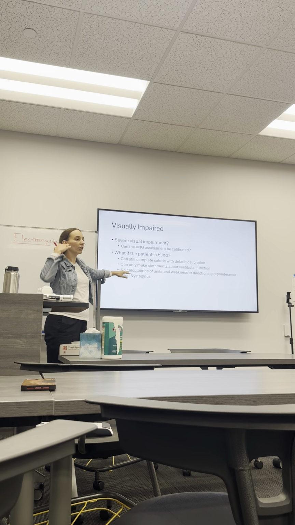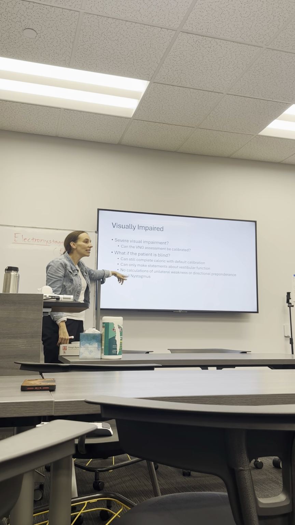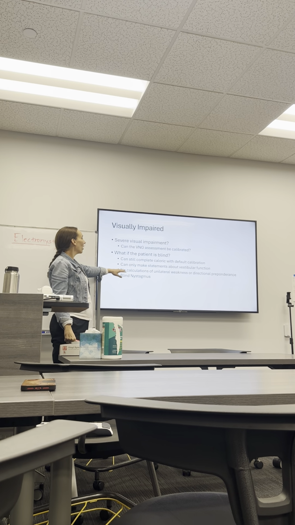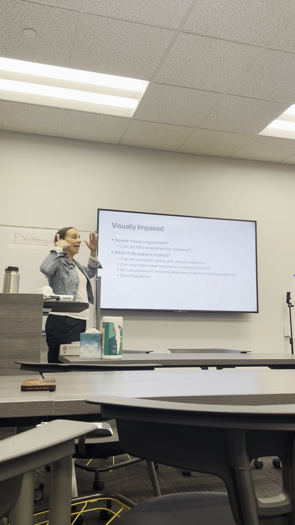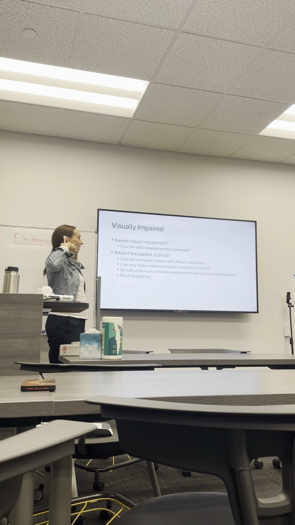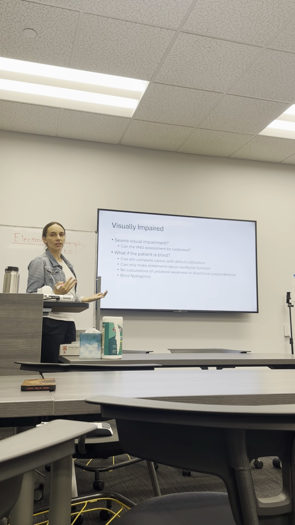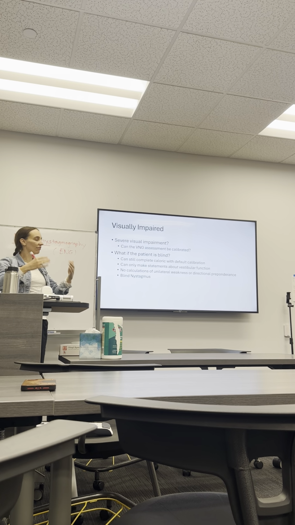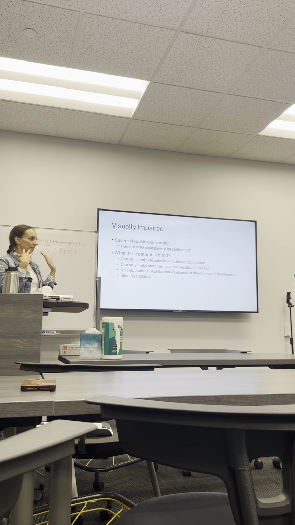Did the patient generate a response when I excited the right side? Did they generate a response when I excited the left side? And were those responses consistent with what I would expect for a healthy vestibular system? We don't want to make calculations about asymmetry between the sides or weakness between the sides, because hypothetically we're not necessarily dealing with a system that's typically functioning relative to the visual system.